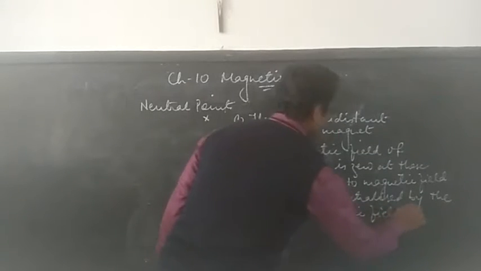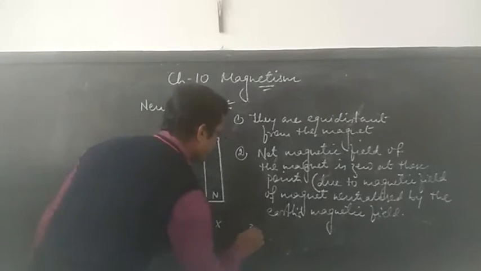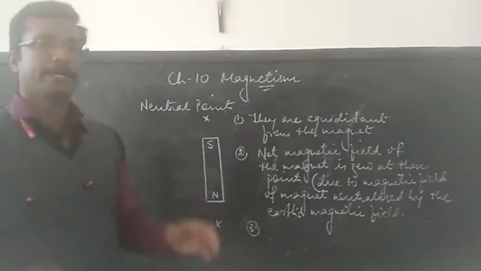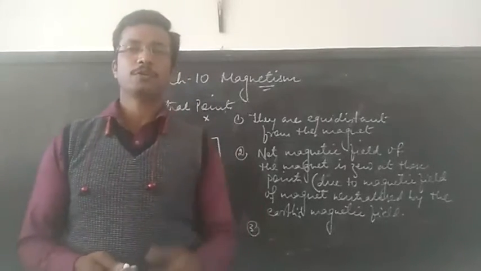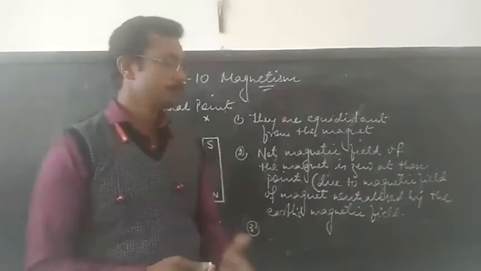Third is that when a magnetic needle is placed at these two neutral points, it may rest in any direction.